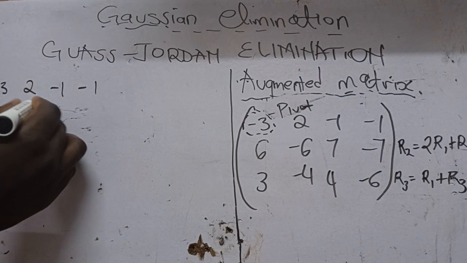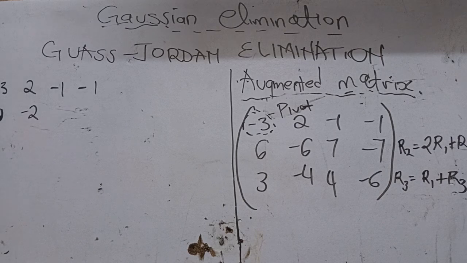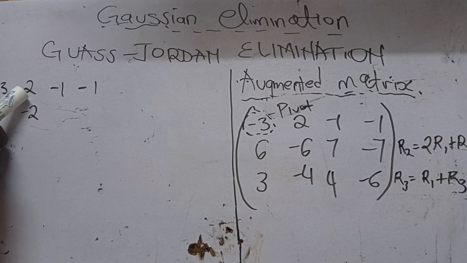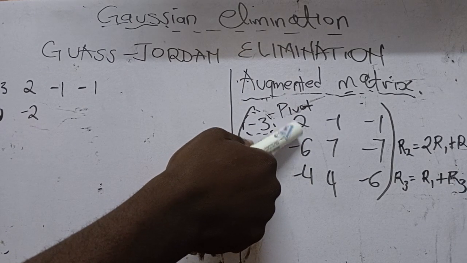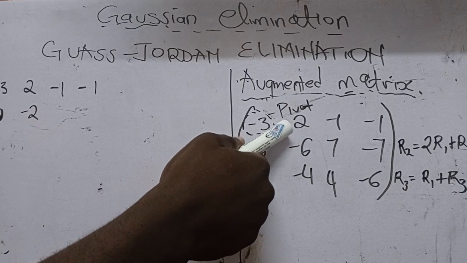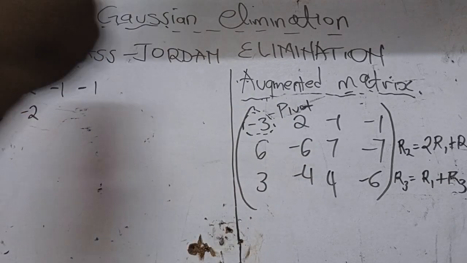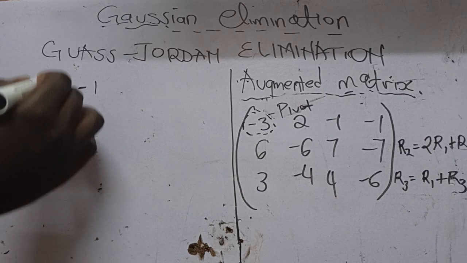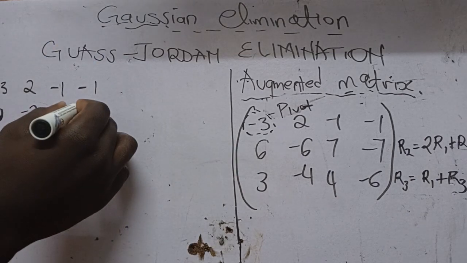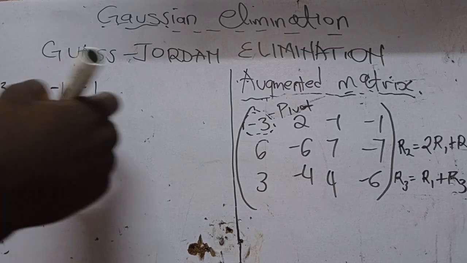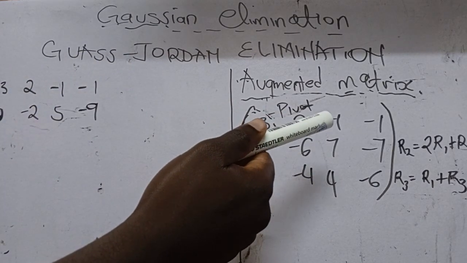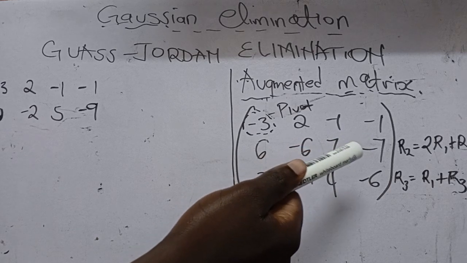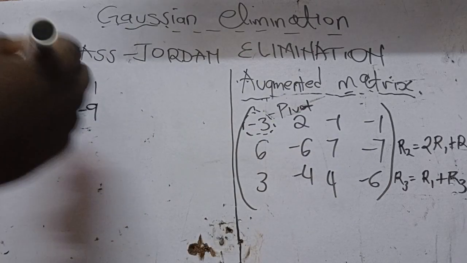This will remain negative 2. 2 times 2 is 4, 4 plus negative 6 is 2. Then this one will be 5. Then this one will be negative 9: 2 times negative 1 is negative 2, negative 2 plus negative 7 is negative 9.